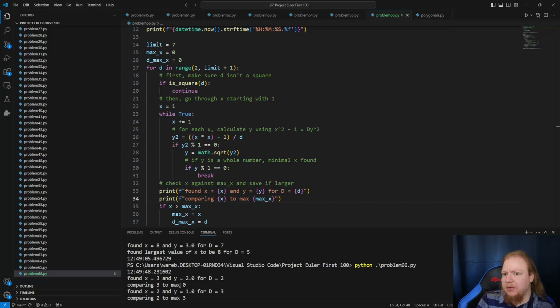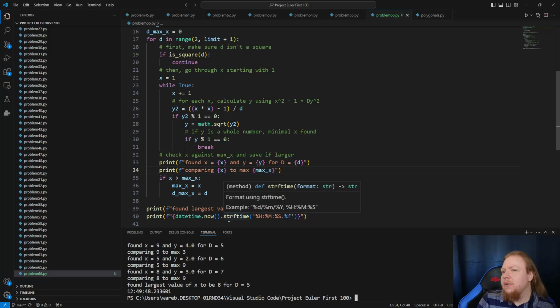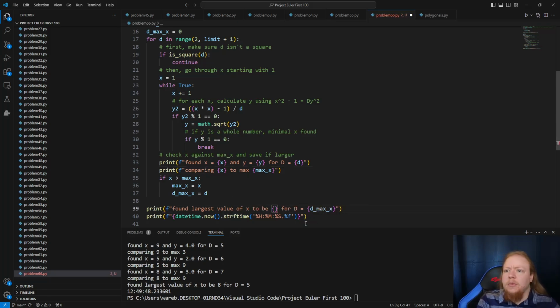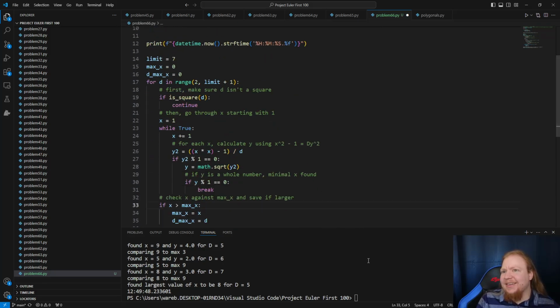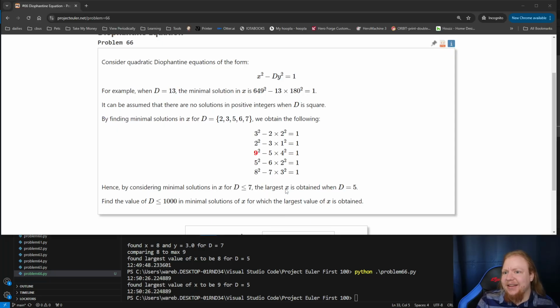Okay, so comparing 3 to max 0. So obviously 3 should win. 5 to max 9, comparing 8 to max 9. Oh, I didn't use my max x variable. That's my whole problem. How about now? And that is the correct answer for a limit of 7.